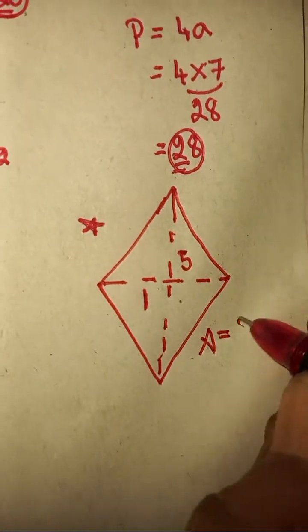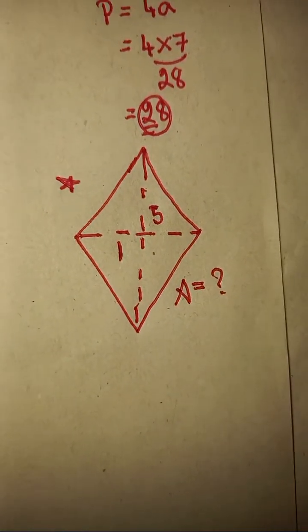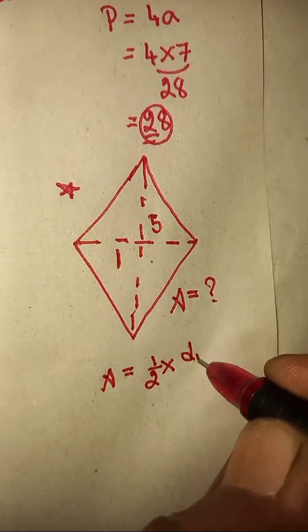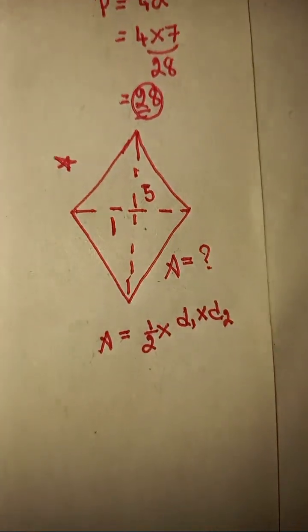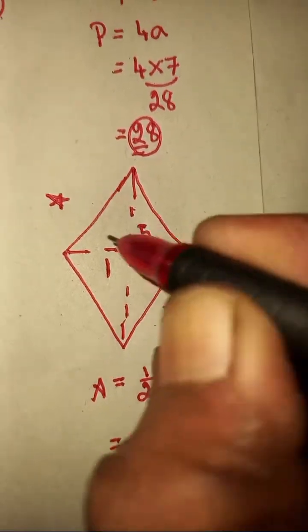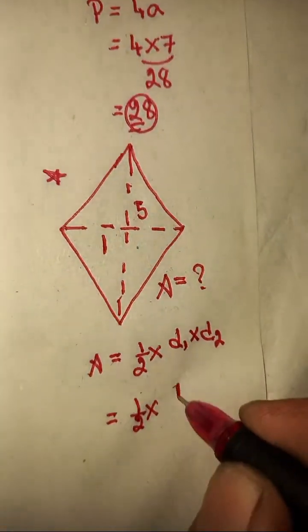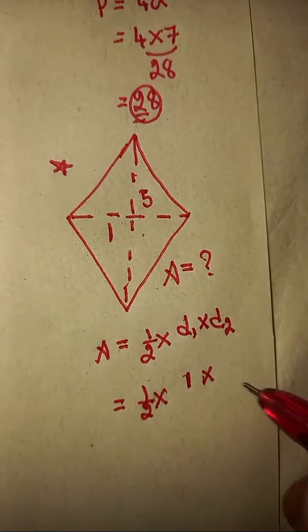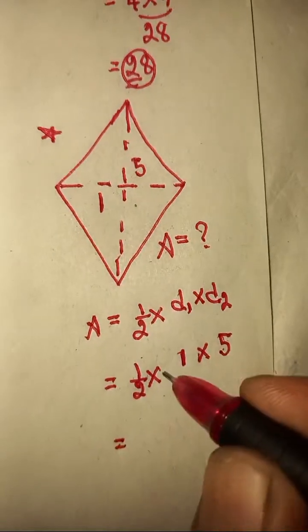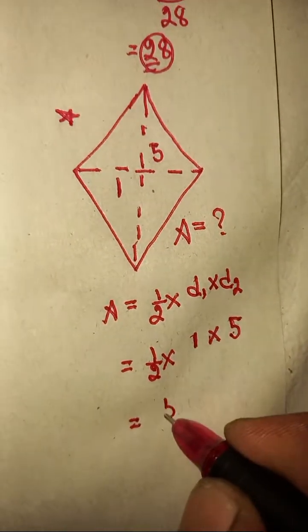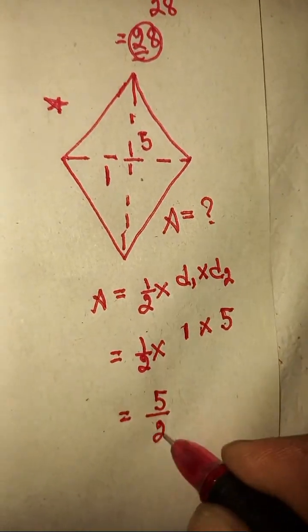Here they are asking what's the area, and the area is half times of diagonal 1 times of diagonal 2, and here also half times of diagonal 1 which is 1 unit times of diagonal 2 which is 5 units. And now in the same way you cannot divide 2 and 5. 1 times of 5 becomes 5, and the denominator 2, 5 by 2 square units.